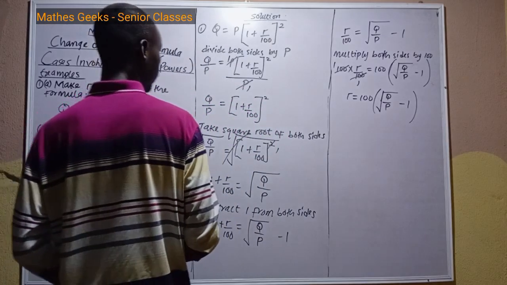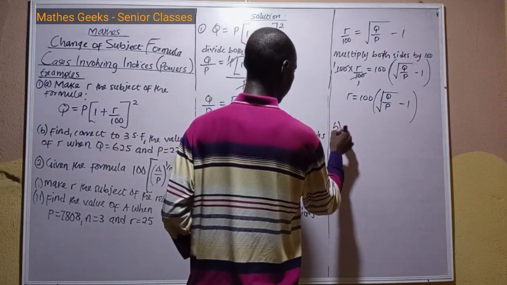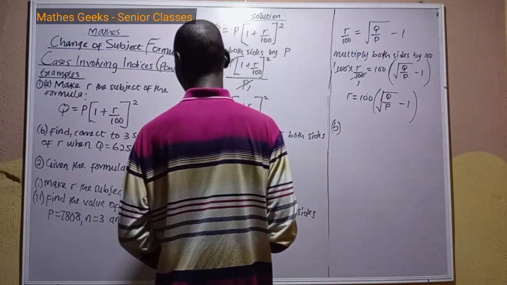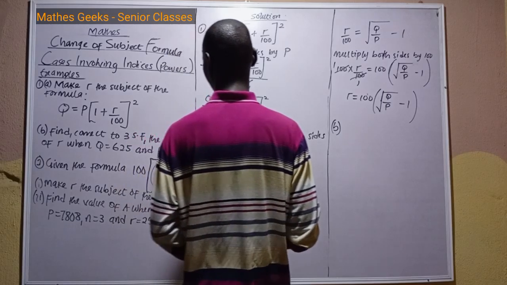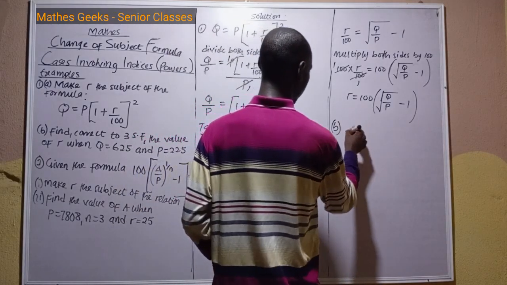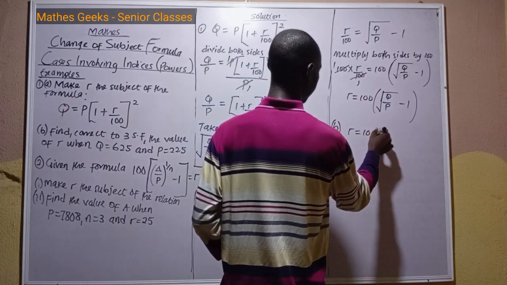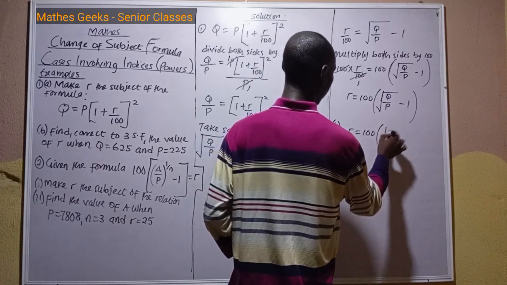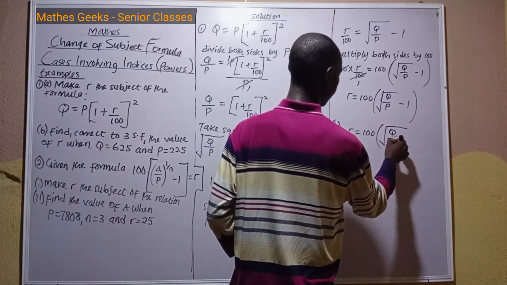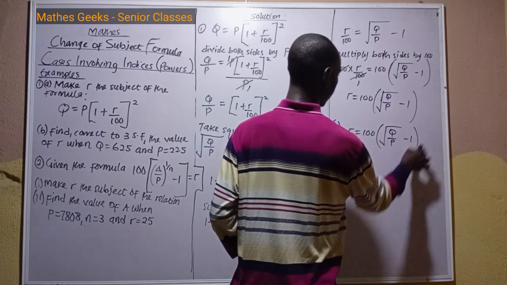B part says find, correct to three significant figures, the value of R when Q is 625 and P is 225. I'm going to write the formula again. R is equal to 100 times the square root of Q over P minus 1.